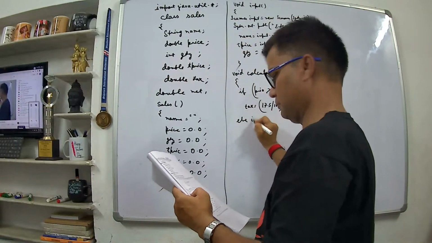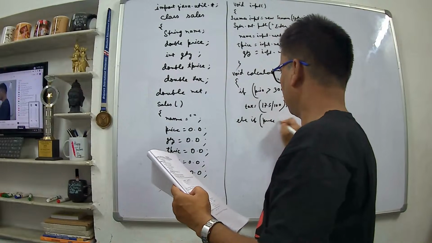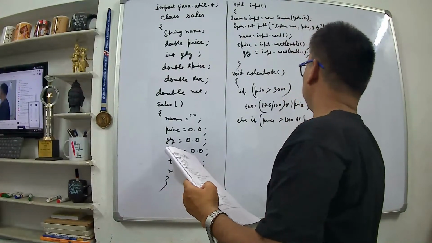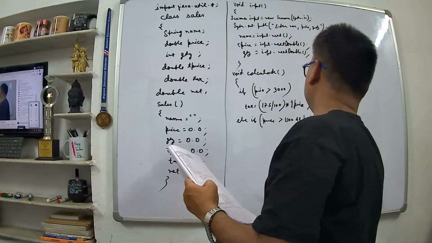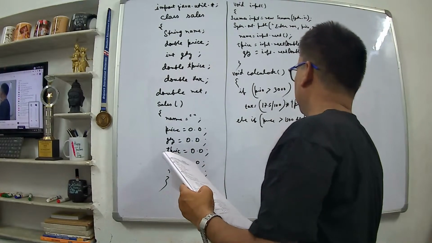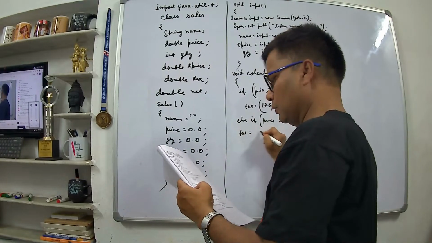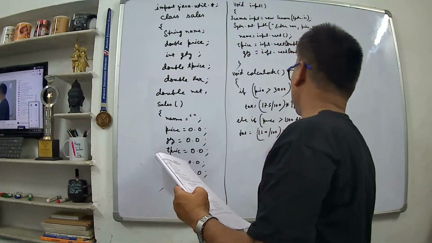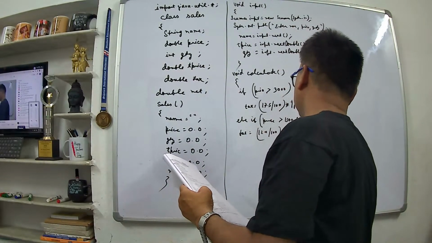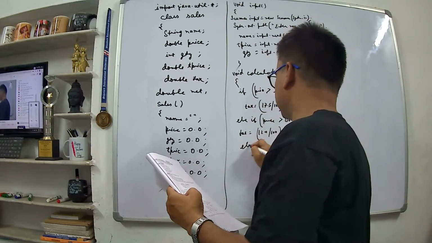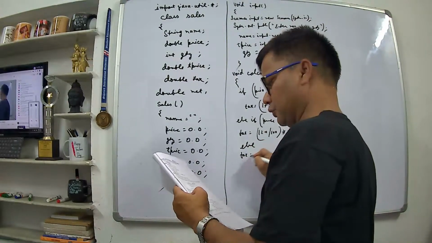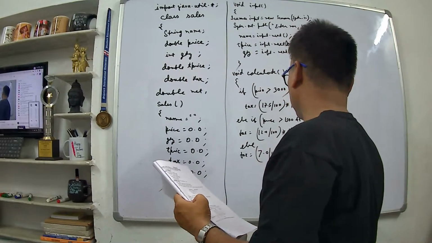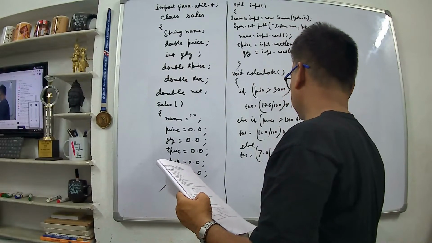Else if price is greater than 1500 and price is less than 3000, then tax is equal to 12.0 upon 100 multiplied by tprice. Else tax is equal to 7.0 upon 100 multiplied by tprice.